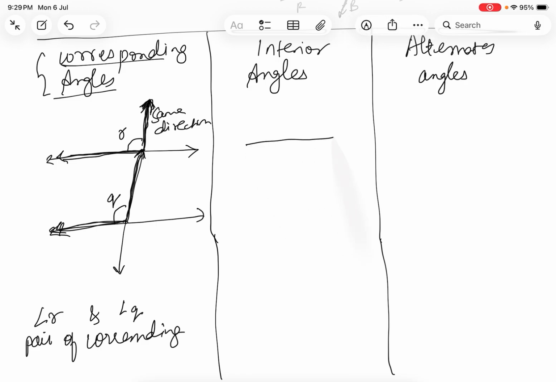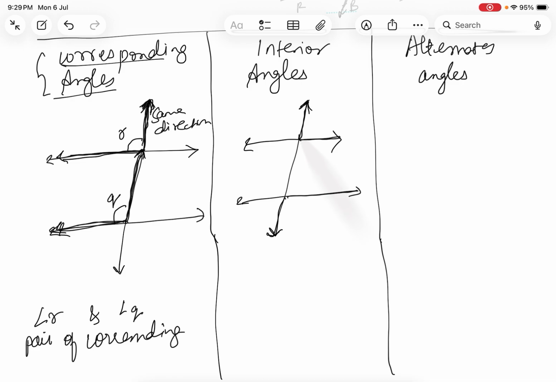Now in interior angles, when two lines are drawn and a transversal is drawn, then in an interior angle one arm lies on the opposite side of the transversal and the other arm is on the same side of the transversal.